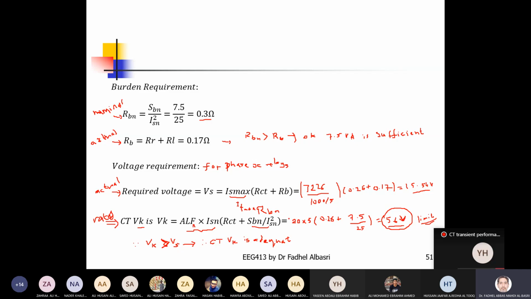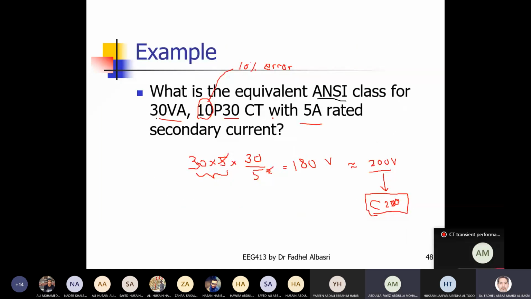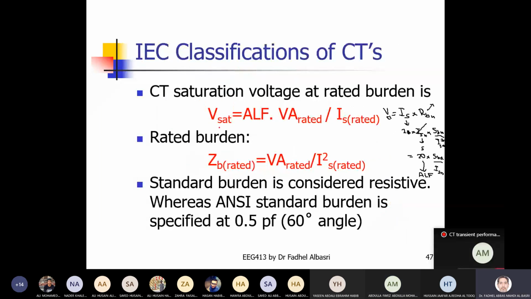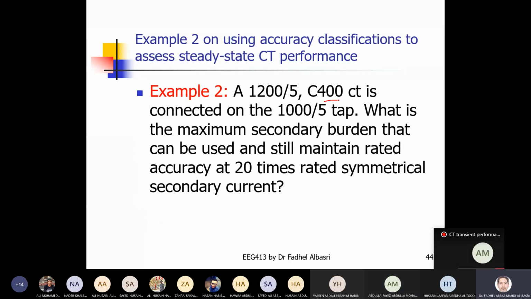Now I can check also where the voltage class is in the circuit. The voltage class is this, the voltage at the knee point. The knee point voltage is the voltage class of that. The voltage class here is this, C400 in this case, which you should not exceed.